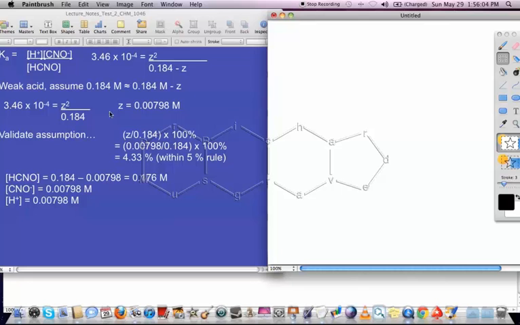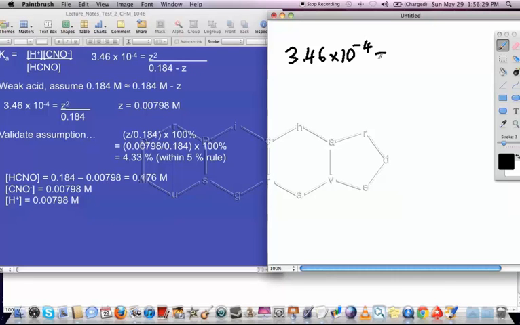So I've gone that far. I'm making the assumption that 0.184 minus Z is approximately equal to 0.184. Now, if I do that, I'll go back to what I had before.